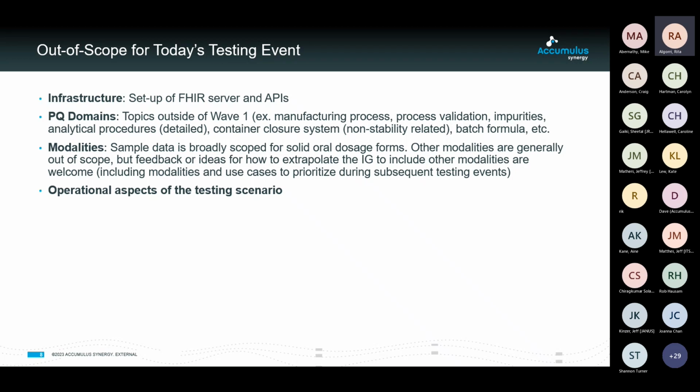We're open to feedback on other modalities, but that won't be the focus for today. But definitely we will need to prioritize extrapolating the IG elements to include other modalities. So we do welcome this type of feedback, but we're not hoping to focus on that today.